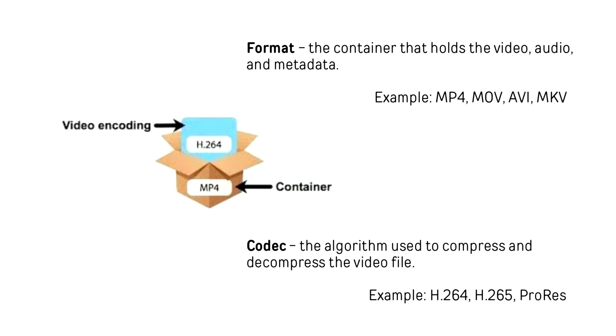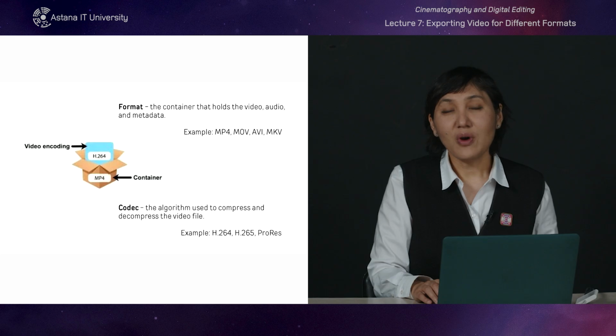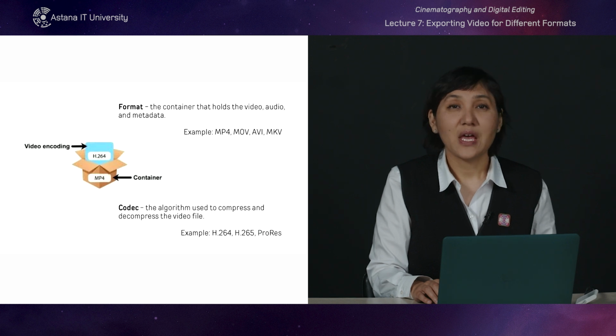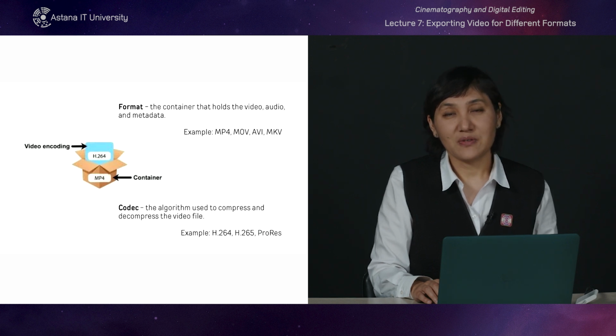A codec, on the other hand, is the algorithm used to compress and decompress the video file. Popular codecs include H.264, H.265, and ProRes, each of which serves different purposes. H.264 is a versatile codec known for maintaining quality while compressing files to smaller sizes, making it ideal for web delivery.